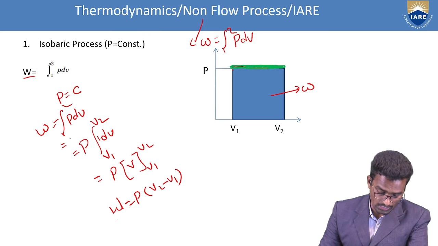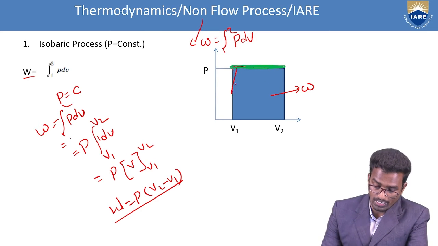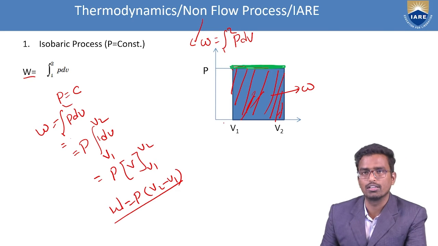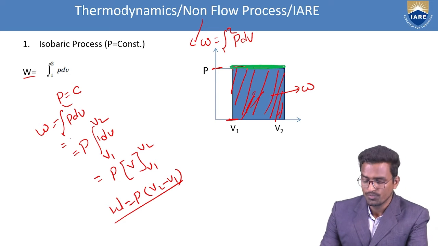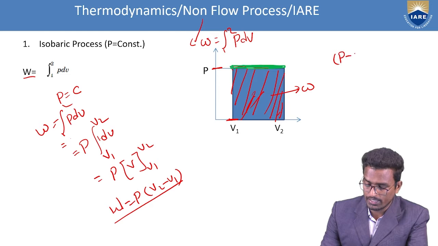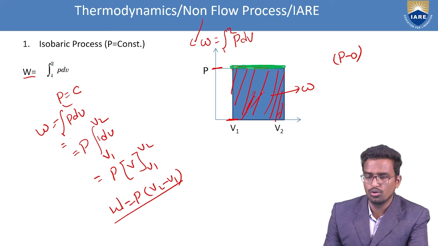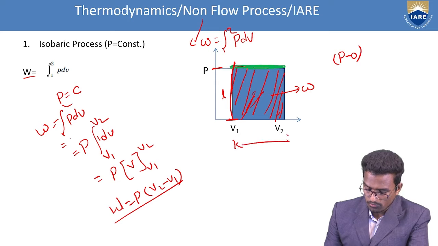So this is one way. Similarly, from the diagram also I come to know that the area under this line you call the work done. Now this looks like a rectangle, right? What is the area of a rectangle? Length into width.